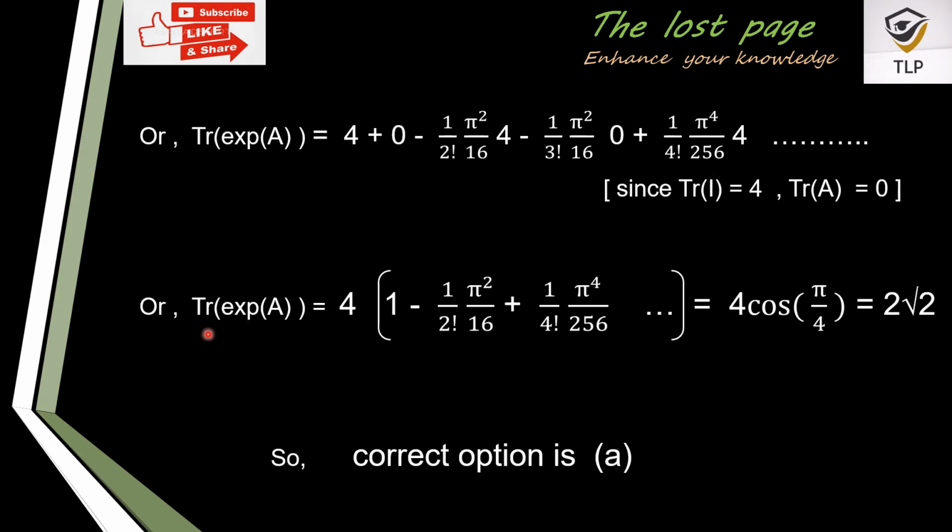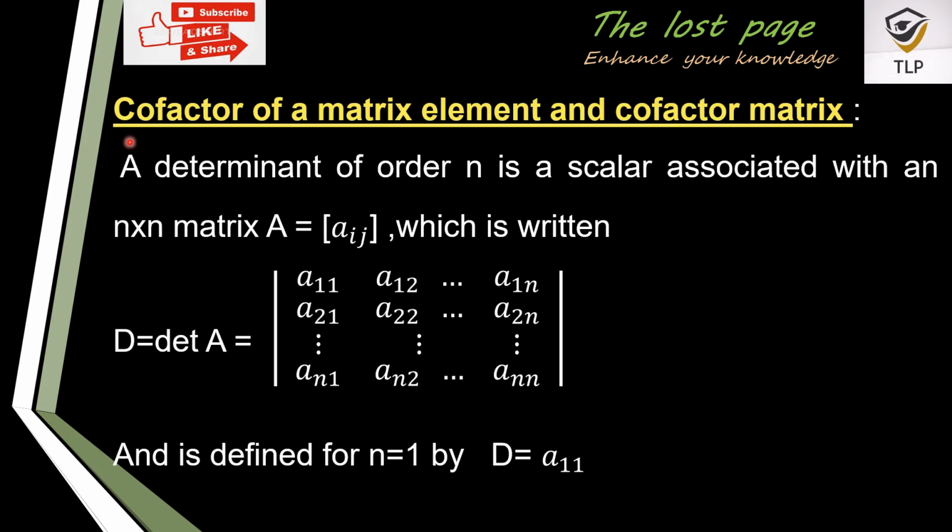Or trace of exponential A will be 4 into 1 minus 1 by factorial 2 into pi square by 16 plus 1 by factorial 4 into pi to the power 4 by 256 plus dot dot dot. Since this is a cosine series, this will be 4 into cos pi by 4, equal to 2 root 2. So the correct option will be A.